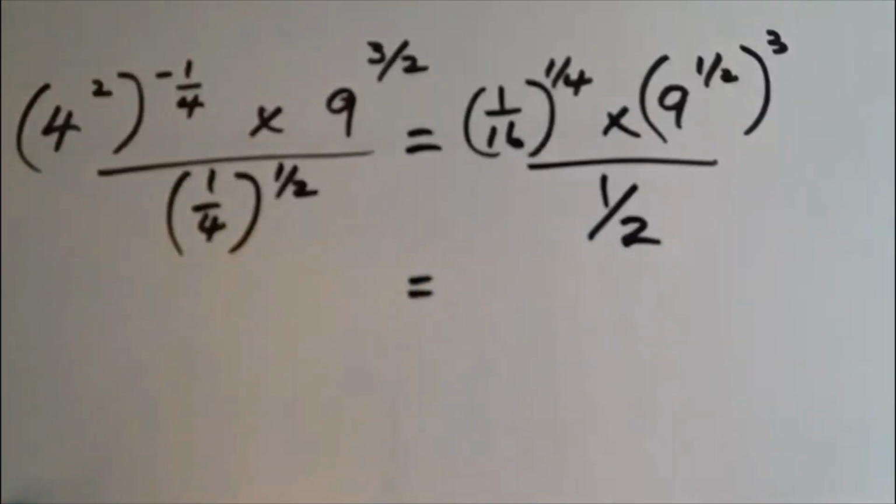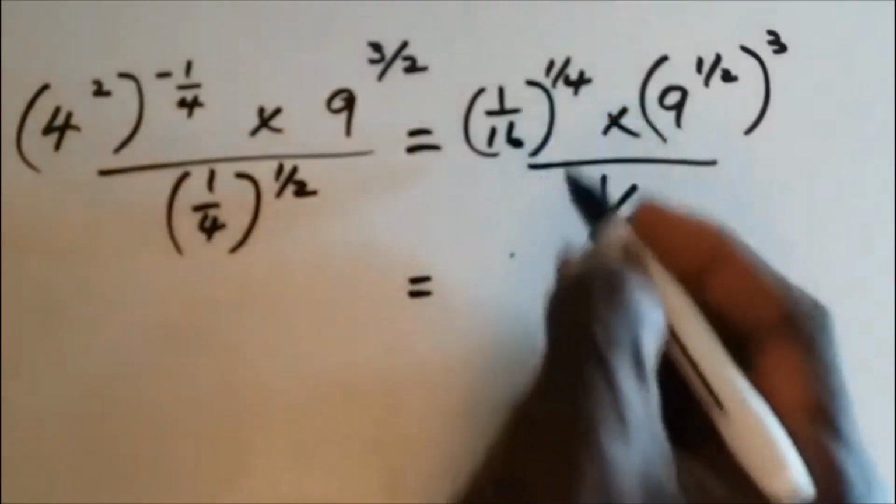Our next step is to evaluate what is the fourth root of 16. We know the fourth root of 1 is 1. The fourth root of 16 is 2, because 2 times 2 times 2 times 2 is equal to 16.